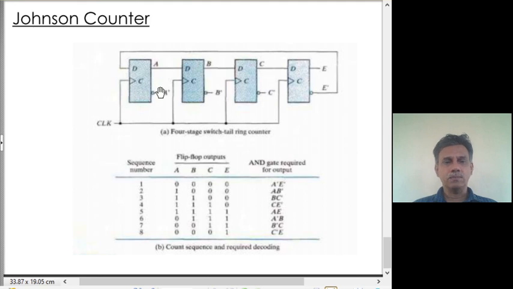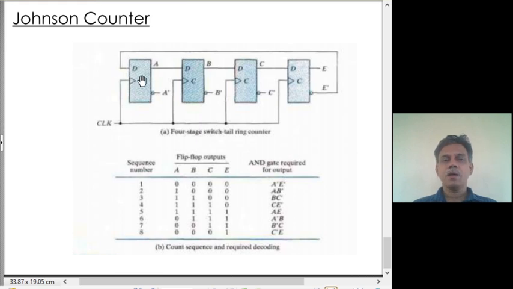How will it work? Suppose we initialize all these flip-flops as 0 0 0 0. What will get recirculated back? This flip-flop is set as 0, so E will be 0, but E bar will be 1. So it is the 1 that will go back here.